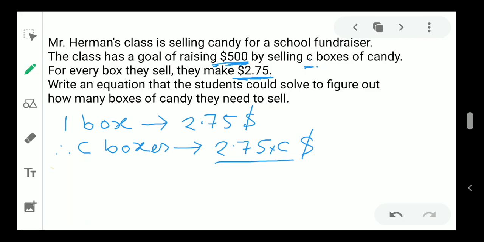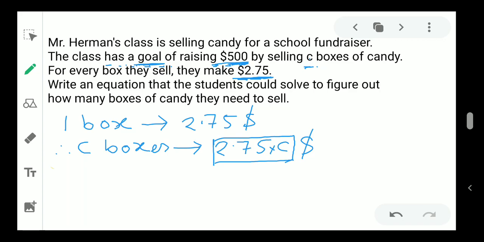This should be equal to 500, then only our condition is satisfied, because one box will give you this much money. Let's say I am buying C boxes and I have to find the value of C. The C boxes will give me this total money, and this total should be 500, so that my goal is successful.